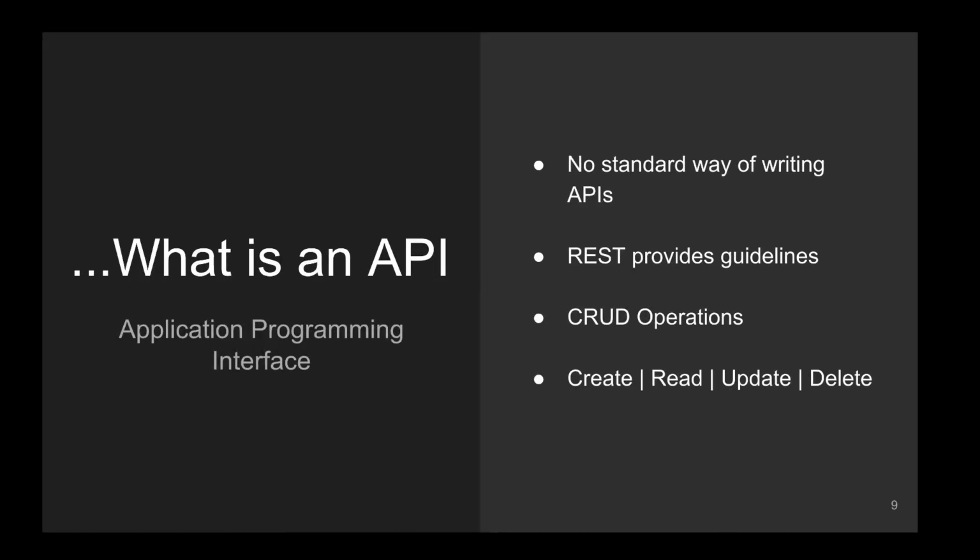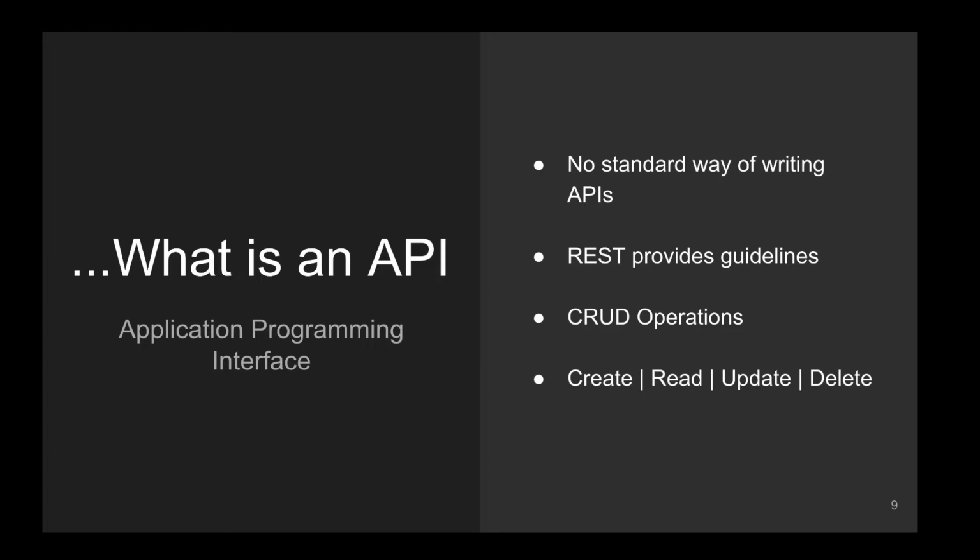Now, there's no standard way of writing APIs, and that's what makes it somewhat powerful, but at the same time, it's a bit scary because every system will vary so much. And so that's where REST comes in. It provides us with guidelines on how these APIs should be constructed.